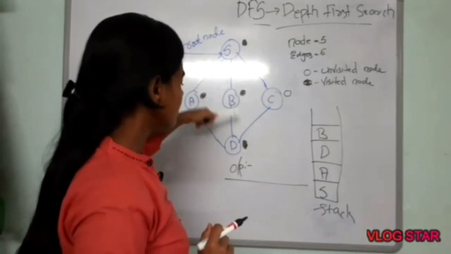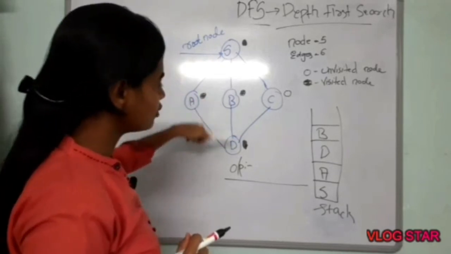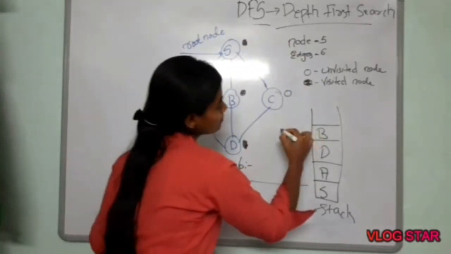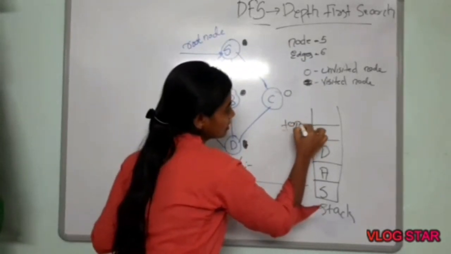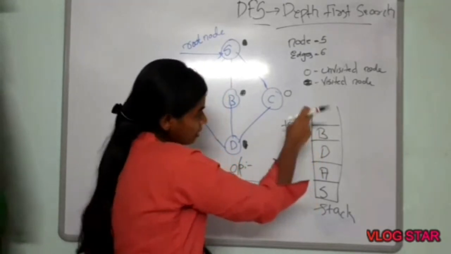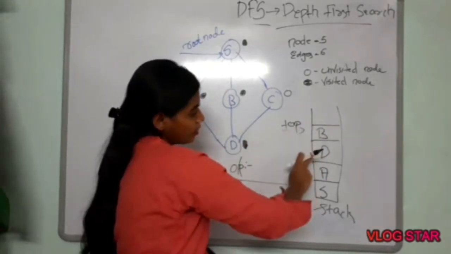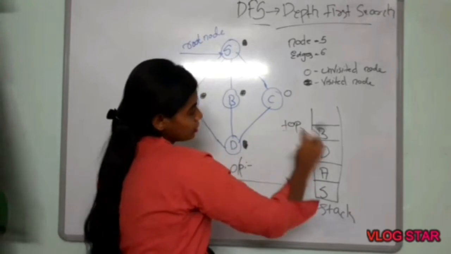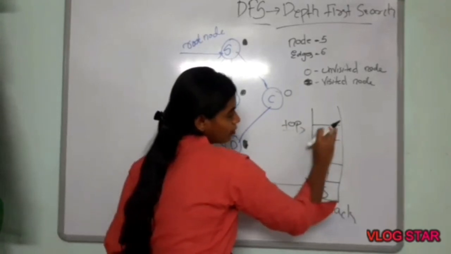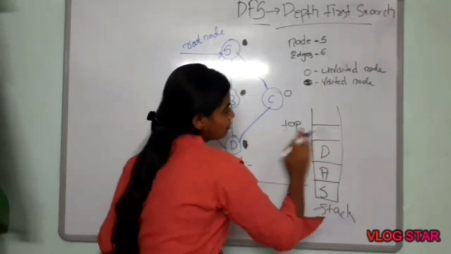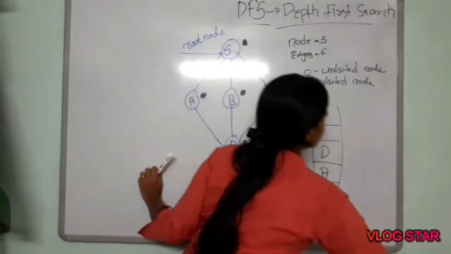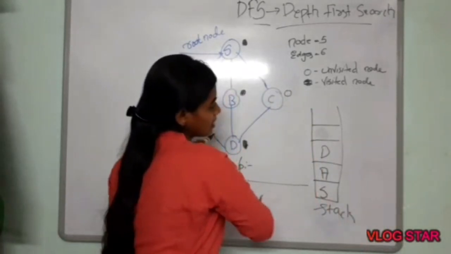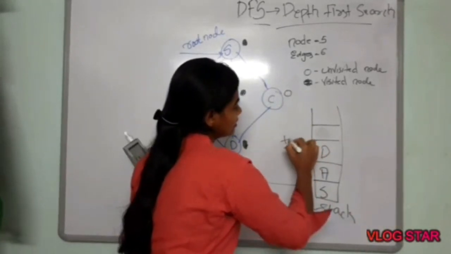So I will take D first. I will jump to D, but our top element on the stack is B. We have to pop out the element B, then only we can get the D element. So we first pop out B, and make D the top element.